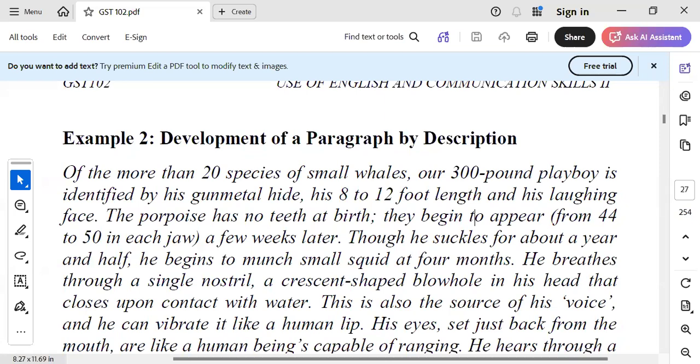For instance, if you say Miss Grace Anazo is tall, she's dark in complexion, maybe she's in her early 20s, she has a round face, she has maybe a tiny shoulder and a very sonorous voice. What have you just done? You have described Grace, our class captain. So you can describe people.